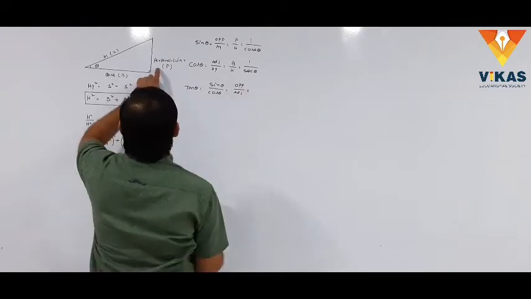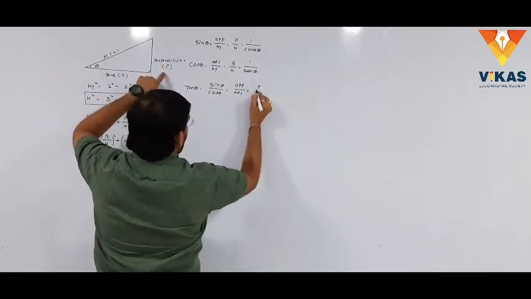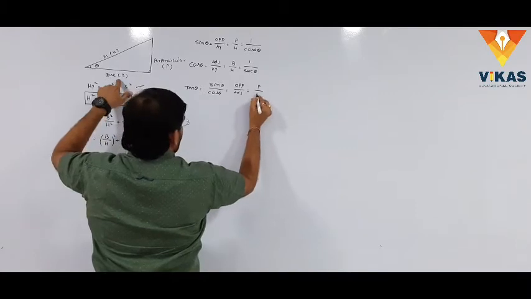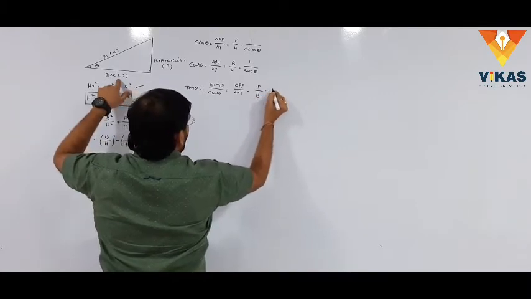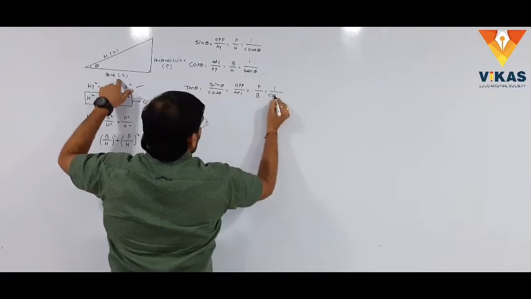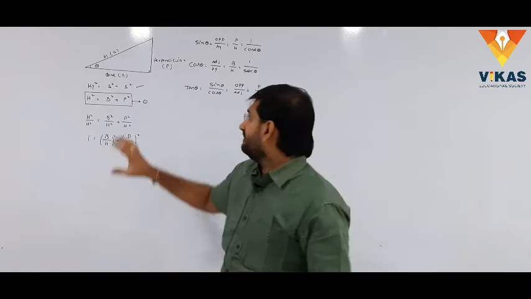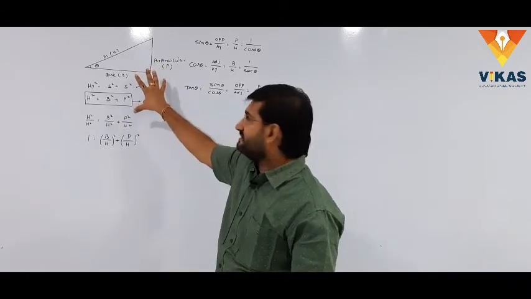The value of opposite side is P. The adjacent side is B, which can be written as reciprocal of cot theta. Dear students, listen. These are the most important trigonometric ratios.